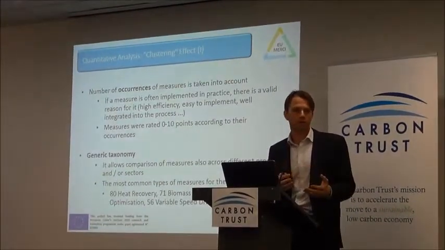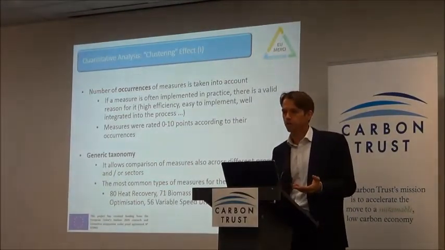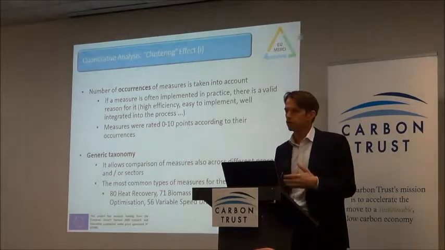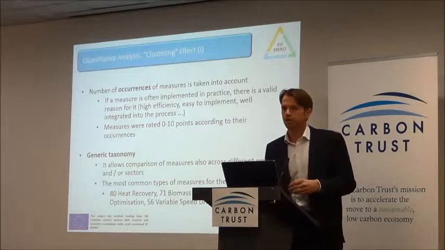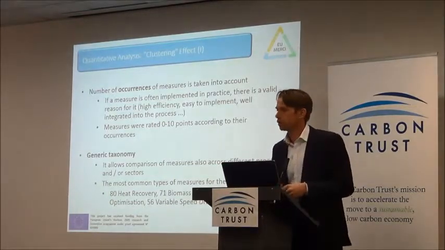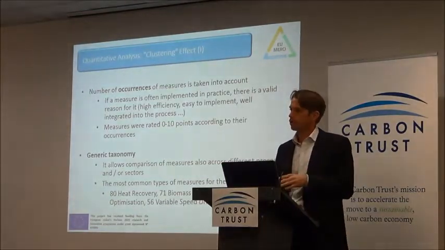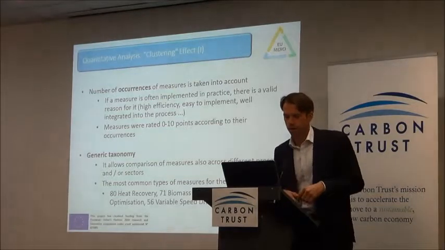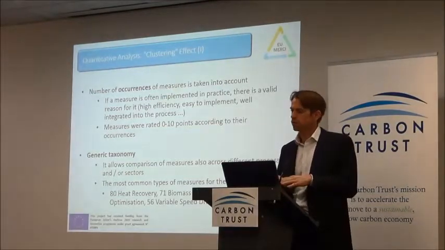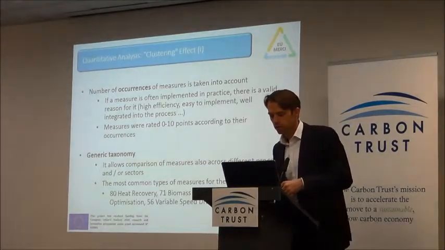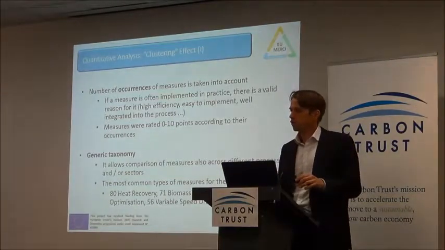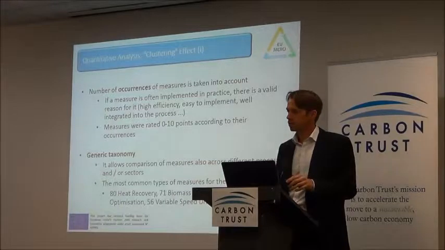And to categorize the measures, we developed a taxonomy that allowed us to compare and categorize all measures. We developed two types of taxonomy, one generic and one specific. The generic taxonomy is a generic approach and allows a comparison of measures across all different processes and sectors.